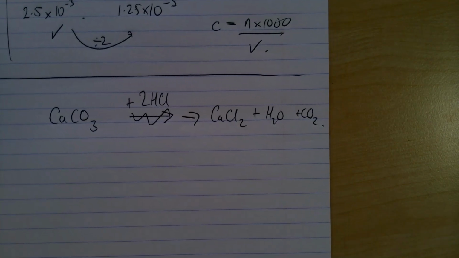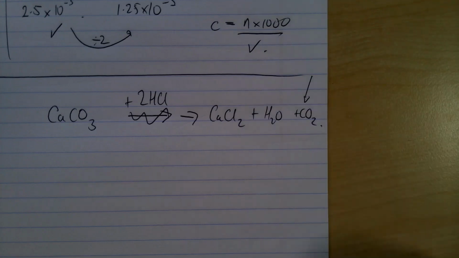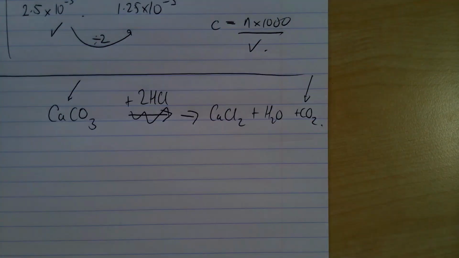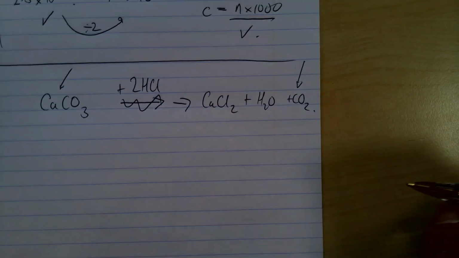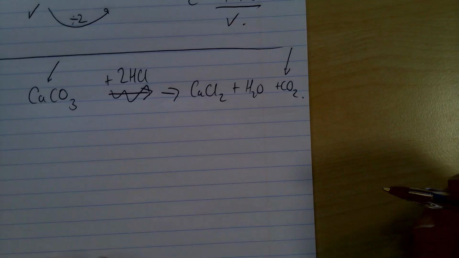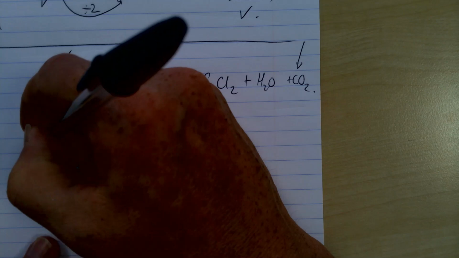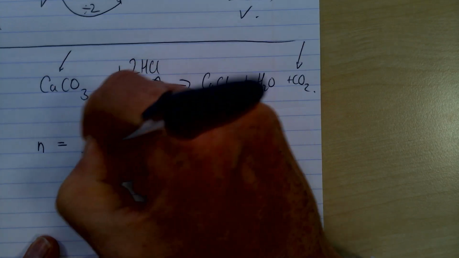It might be that you're told the volume of this. It might be you're told the mass of that. But as with any calculation, work out the moles of everything and then you can work out the volume. The number of moles of a gas is equal to the volume divided by 24, if it's in decimeters cubed.